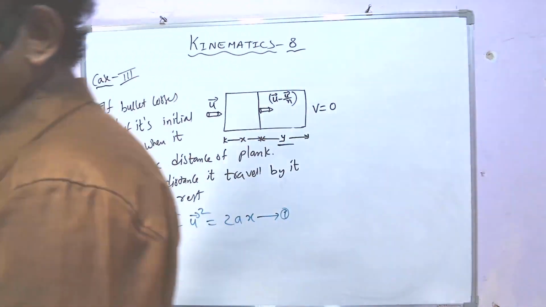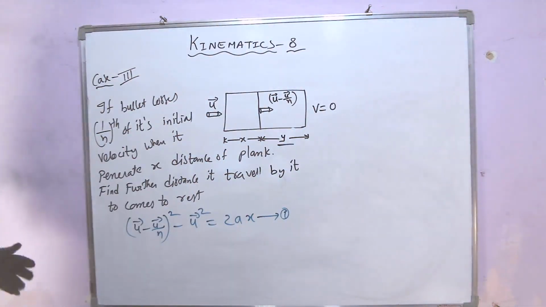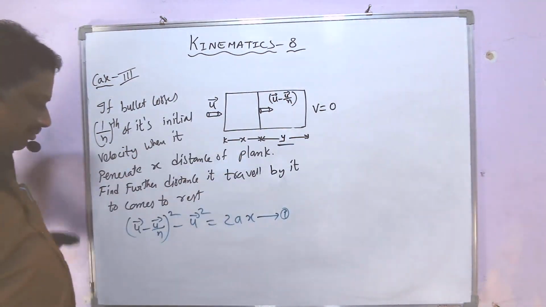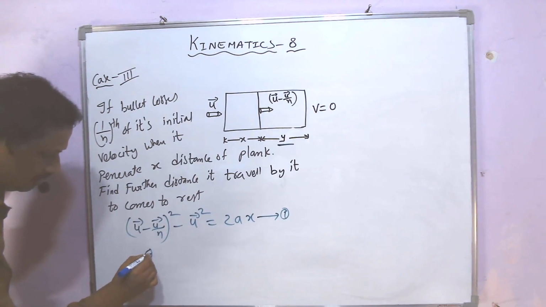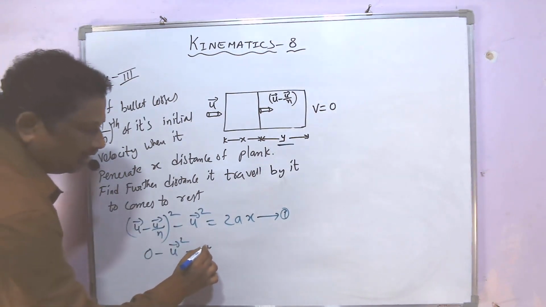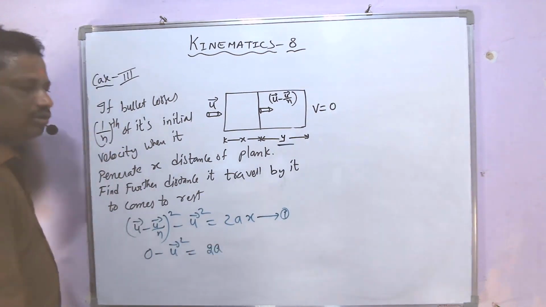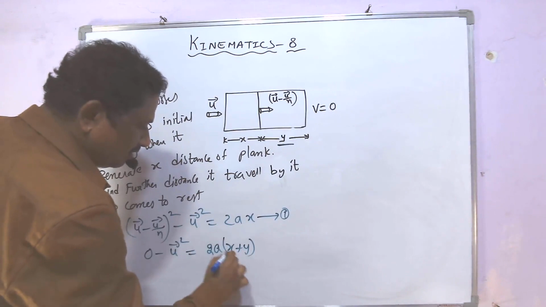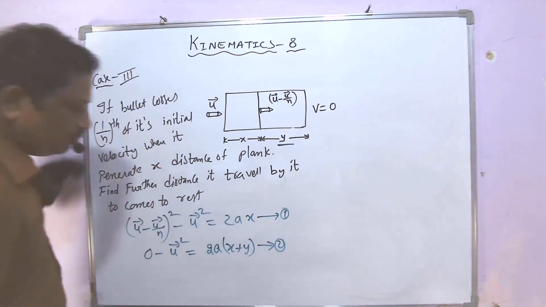Next, the second equation. When it comes to rest, the final velocity becomes 0. So 0 minus u square is equal to 2a, and the total distance traveled is x plus y. Let this equation be 2.